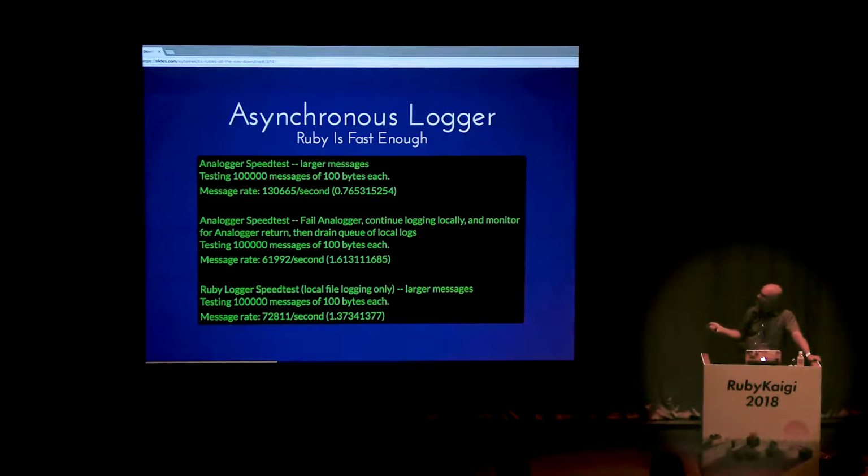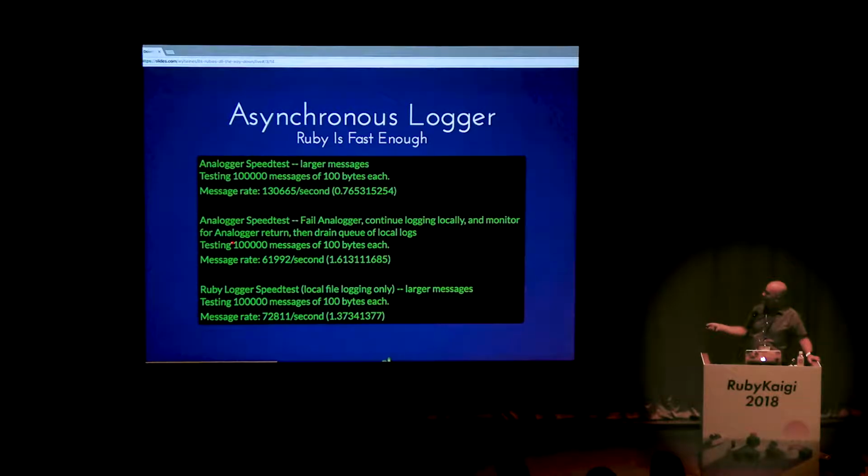It also has failover handling so that if the logging server dies, the local clients just start spooling the logging messages to a system locally or to a file locally. And when the server comes back up, it just starts draining all those messages back out to the server as quickly as it can until they're all drained. And so that's what that performance benchmark is.